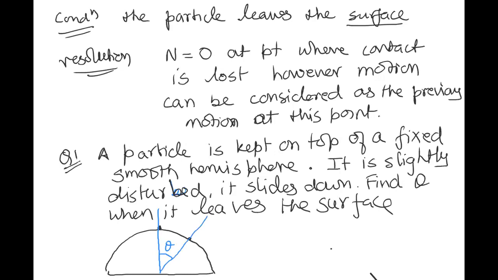So the question is that a particle is kept on top of a fixed smooth hemisphere and then it is slightly disturbed, slides down, and eventually, of course, it leaves the surface of the hemisphere. You have to find the angle theta when it leaves the surface. So, what do you think is unique about this question?